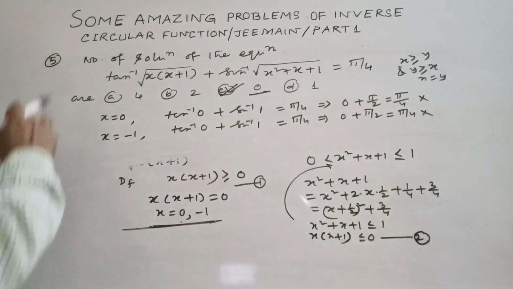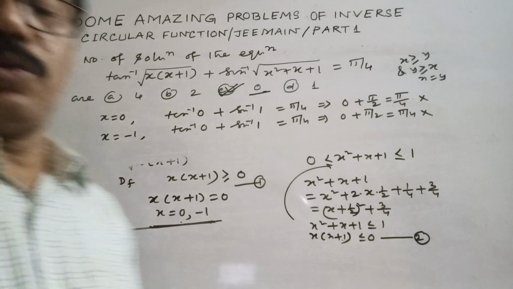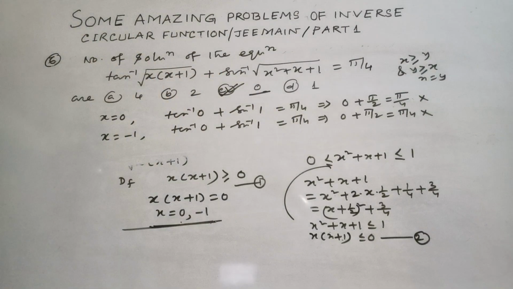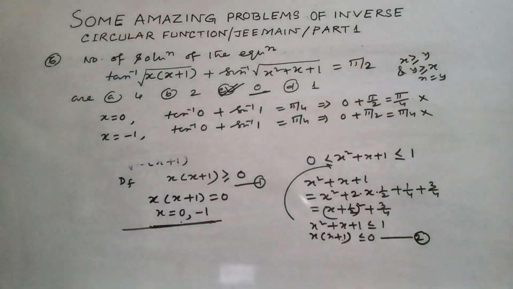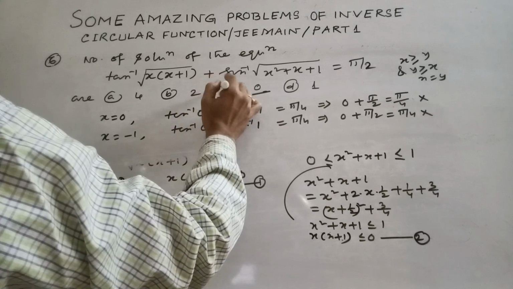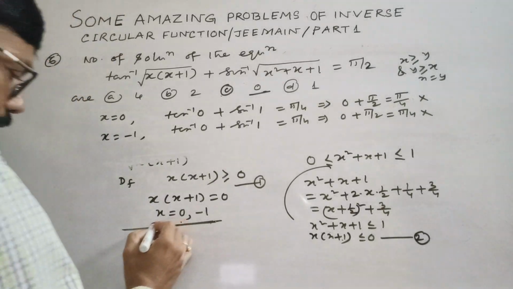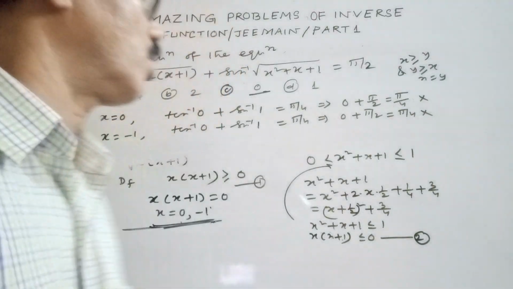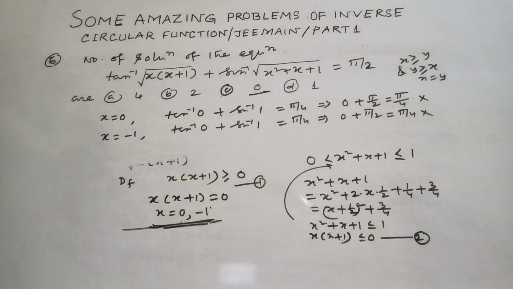Now problem number 6. In your book, in R.D. Sharma or any standard book, you may get this problem. Tan inverse of this plus sine inverse of this equals pi by 2. Then find the number of solutions. So look, in exactly the same way we are getting 0 and minus 1, because we are considering the domain and we have already solved up to this.